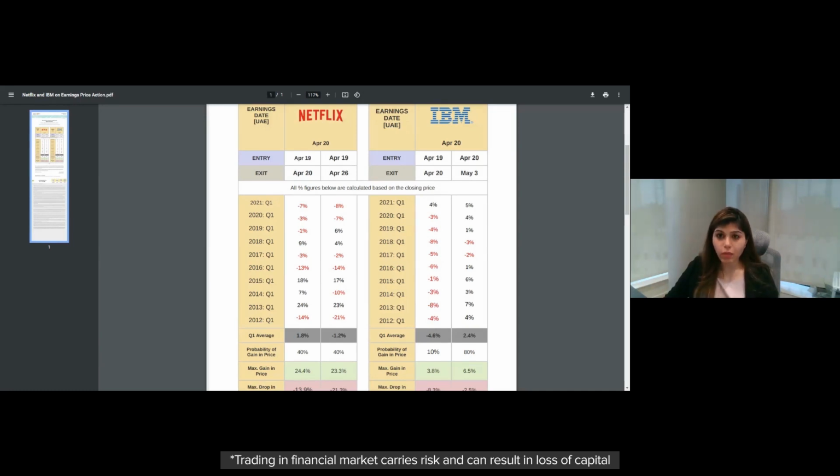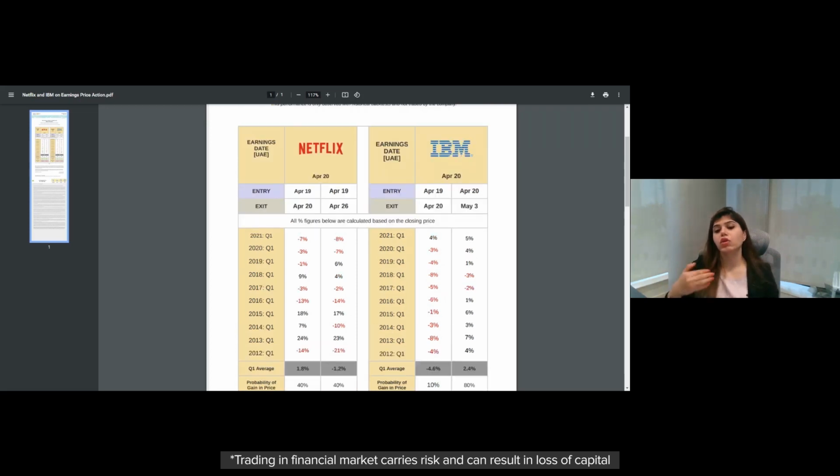But this time on its earnings, the stock gained, and if any person would have shorted this particular stock, he or she would have made a loss of 4 to 5%. So what we can see over here for IBM is that the trend could be changing, and maybe the stock has now started picking up because the company has started doing a lot of positive things, and they have a new CEO.